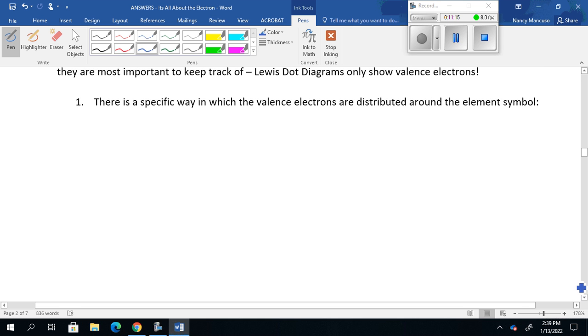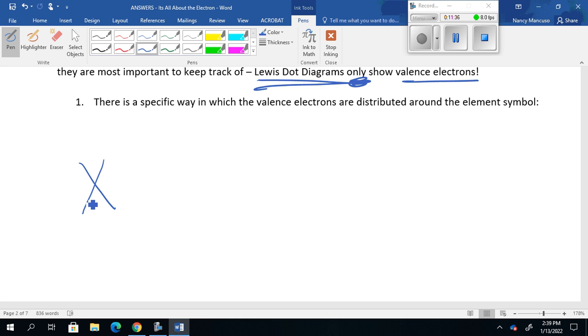So we're going to do Lewis dot diagrams, which only show valence electrons. There's a specific way the valence electrons are distributed around the element symbol. X here is just any element.